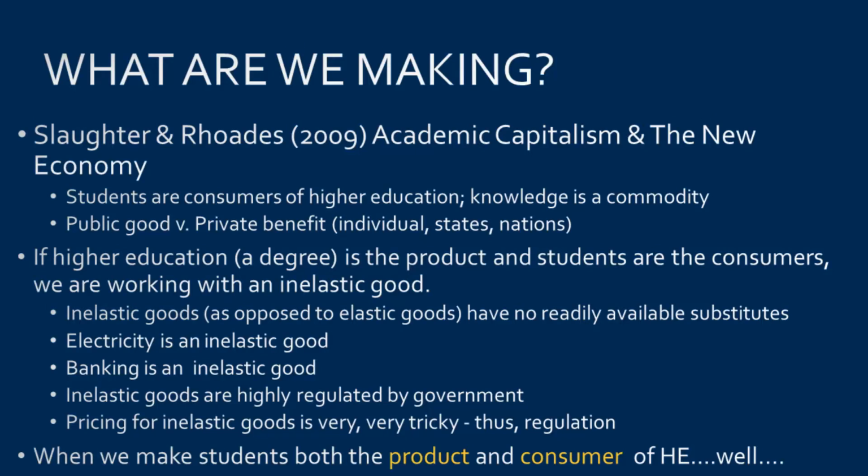So we started that argument. We were the ones who said a degree equals more money. And so the private benefit conversation actually began with the academy. So in a way, we did it to recruit students, and now we're being held accountable for keeping up to our word. And so that's just something worth mentioning.